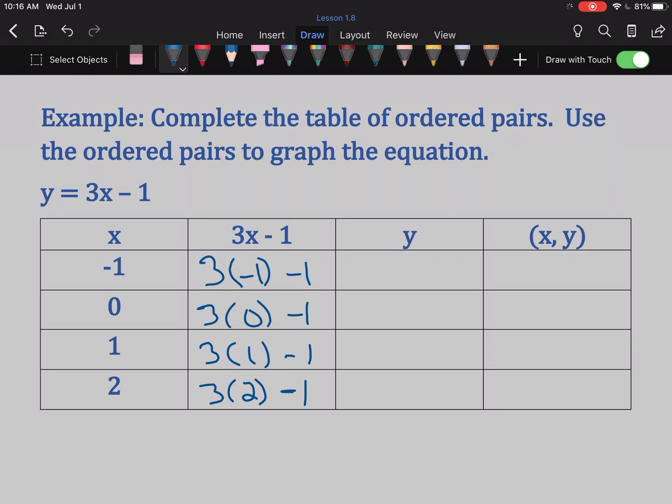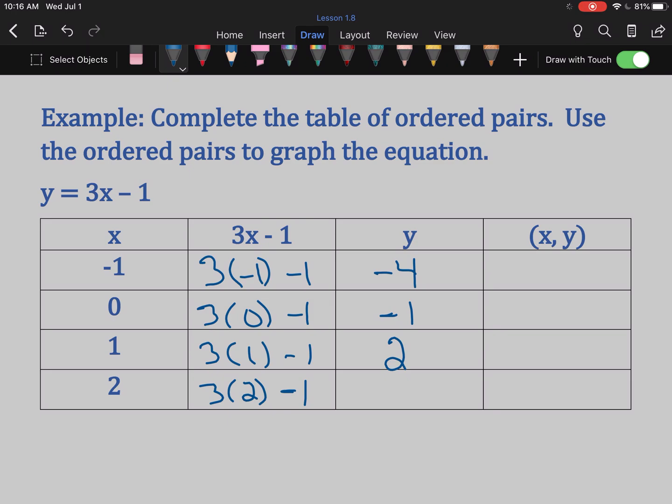Now, the order of operations says I got to multiply, then subtract. So 3 times -1 is -3. -3 take away another 1 is -4. 3 times 0 is 0. 0 take away 1 is -1. 3 times 1 is 3. 3 take away 1 is 2.